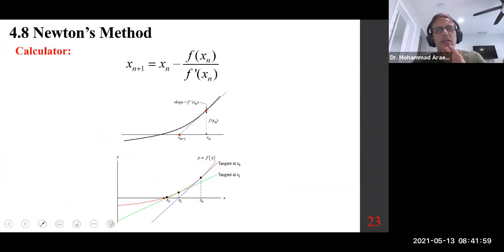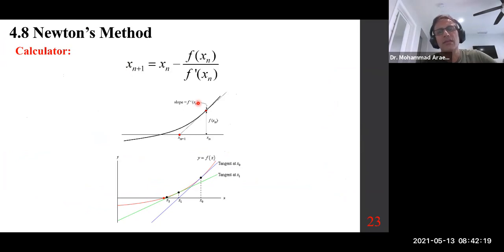We want to look at Newton's method quickly. Newton's method says if you're interested in finding the next value for x sub n, if you are looking to find zeros of a function, roots of a function, you can go with this concept.